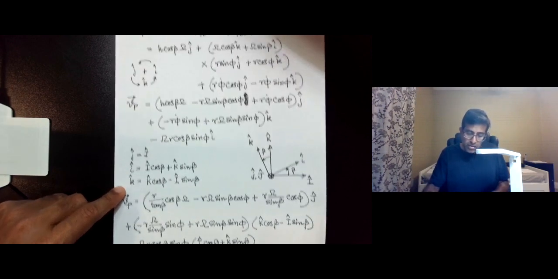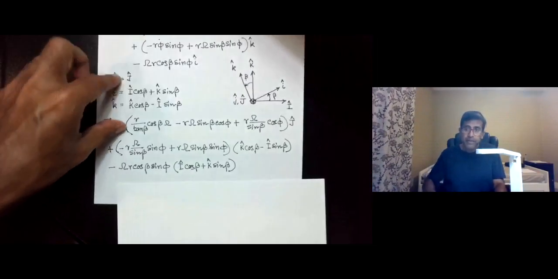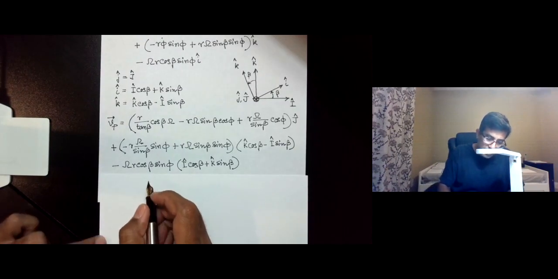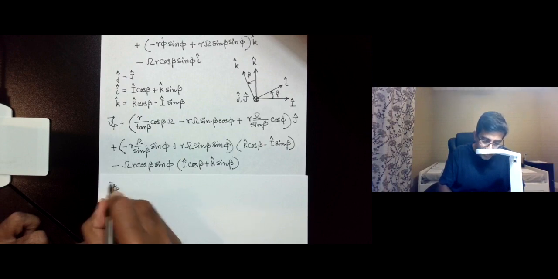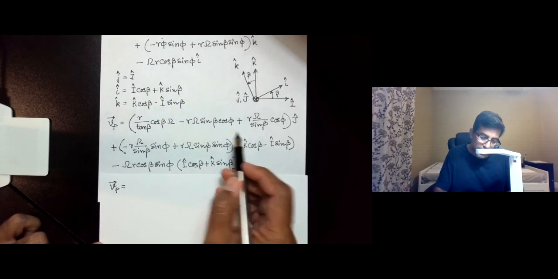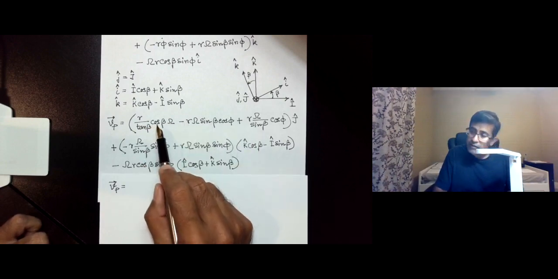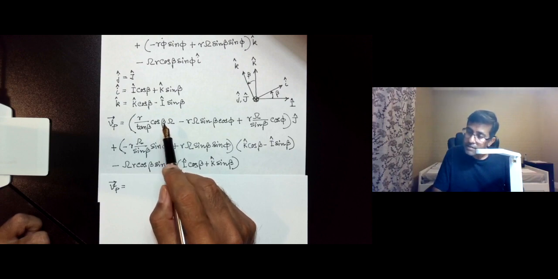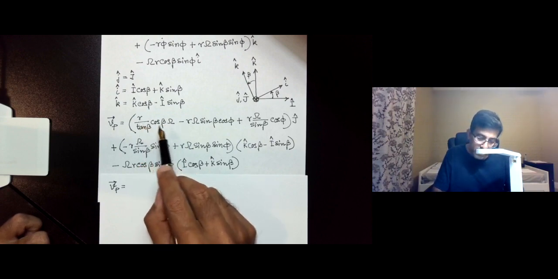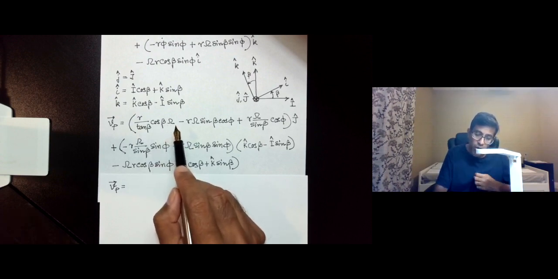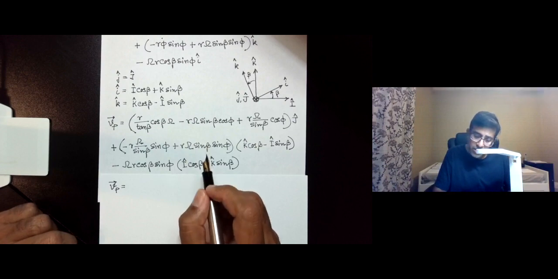Okay, so let us continue with this simplification on the following page. So we have then Vp to be equal to, you have in J, you have R omega as a common term.